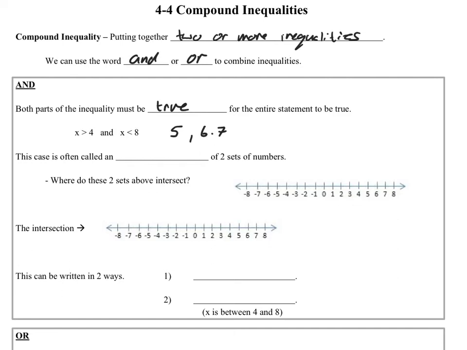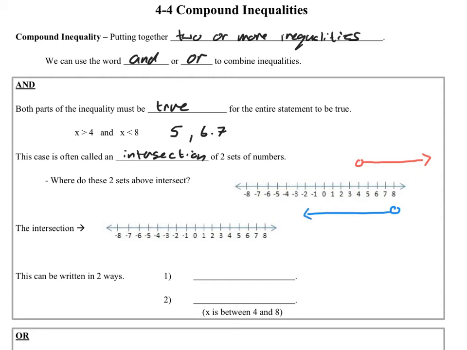Okay, so sometimes we call this an intersection of two sets of numbers, and we'll see in a minute why we call this an intersection. If we graph these two inequalities separately, I'm going to graph x is greater than 4 right here, and then we're going to graph where x is less than 8, so that would be graphed right here.